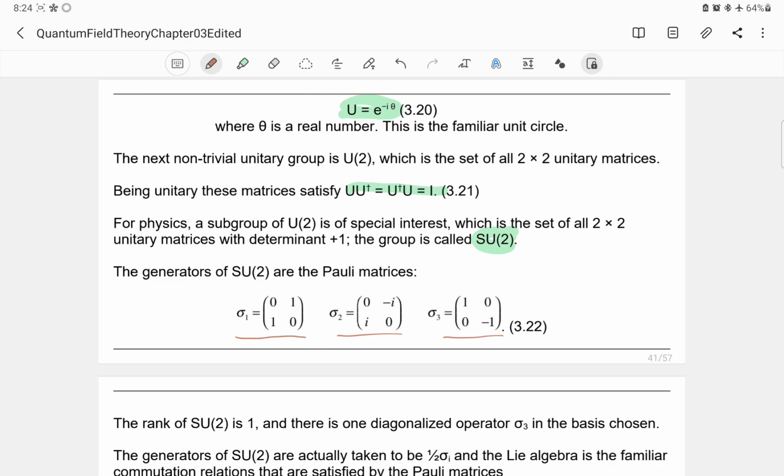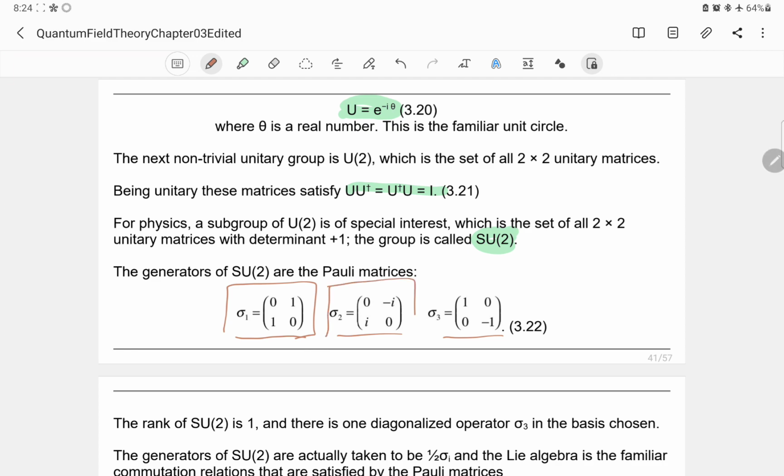The rank of SU2 is 1, and there is one diagonalized operator, that is sigma 3. So again, familiarize yourselves with the Pauli matrices: 0, 1, 1, 0; 0, negative i, i, 0; 1, 0, 0, negative 1.